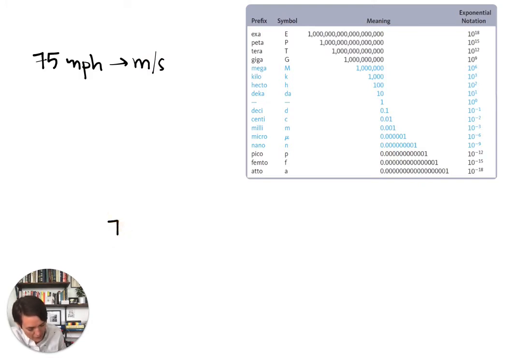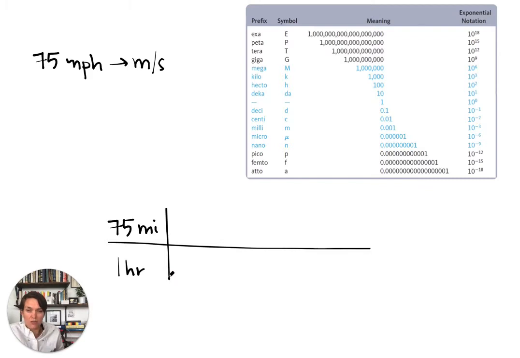Okay, so remember, miles per hour would be 75 miles in 1 hour. And it doesn't matter which one you start converting, if it's going to be hours or miles, doesn't matter. Let's start with hours. So I'm going to say that in 1 hour, there's 3,600. Nope, you know what? I'll do it the long way, so it'll help illustrate my point.